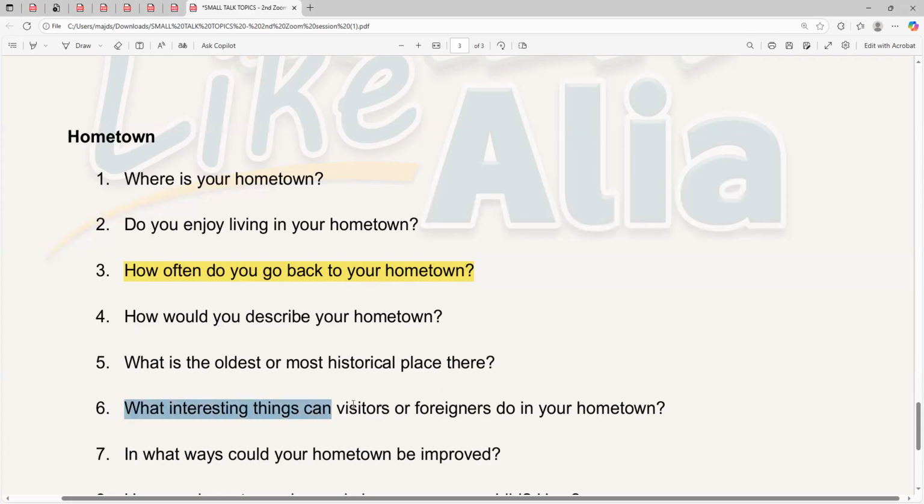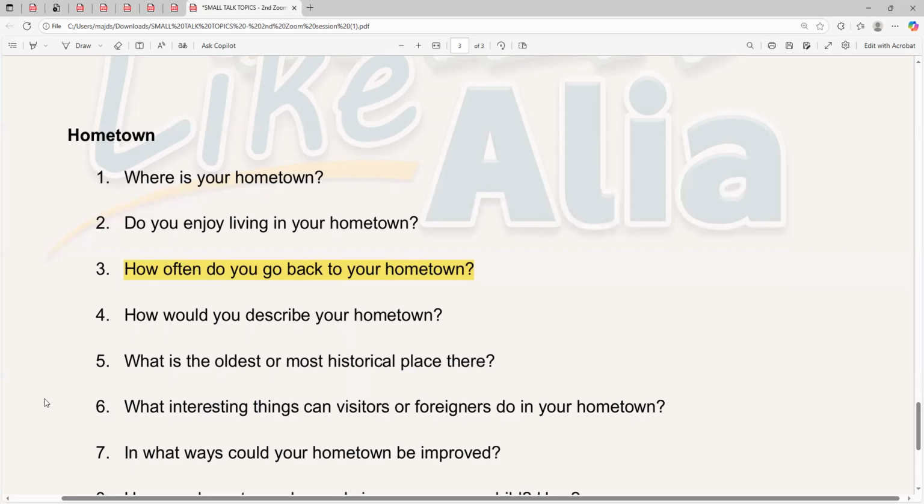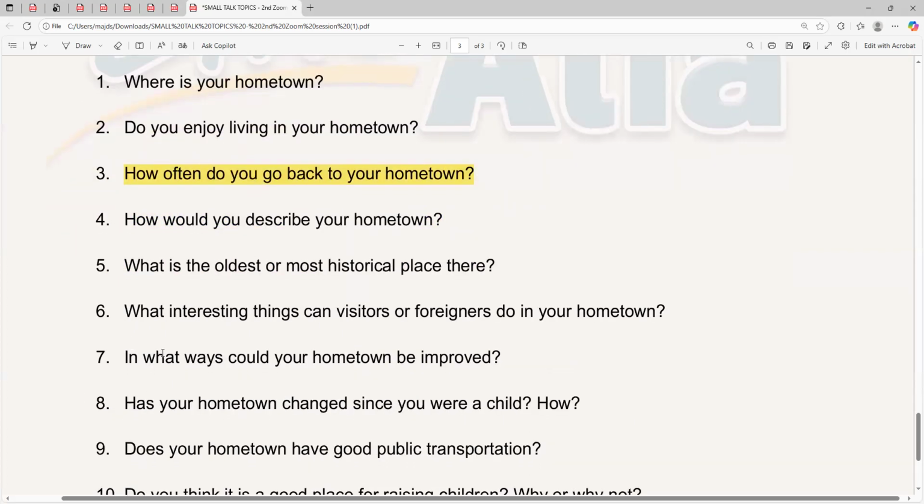What interesting things can visitors or foreigners do in your hometown? In what ways could your hometown be improved? If you want to work on having a better hometown, in what ways could that be?